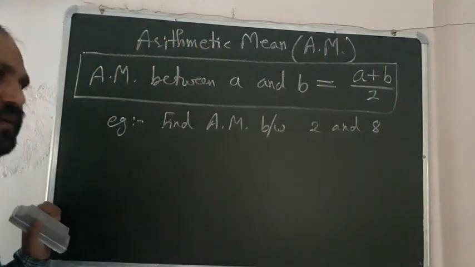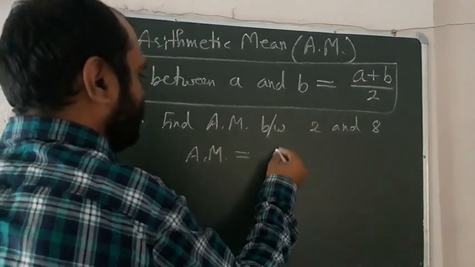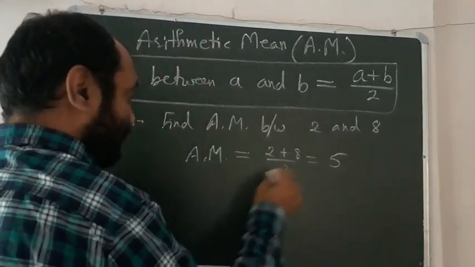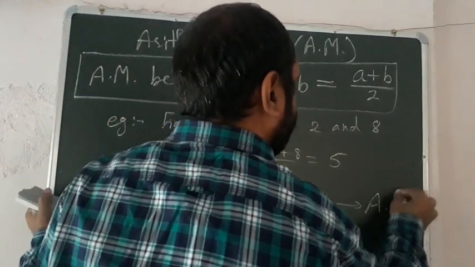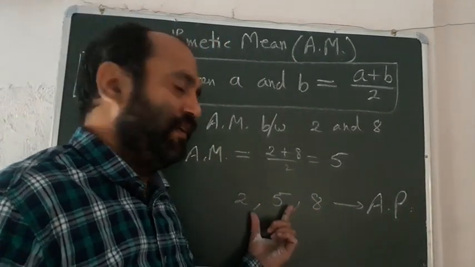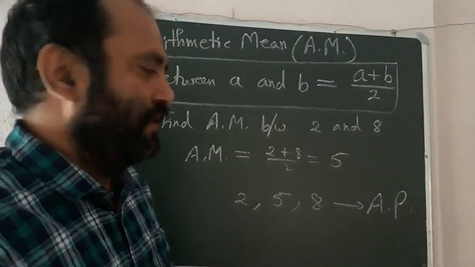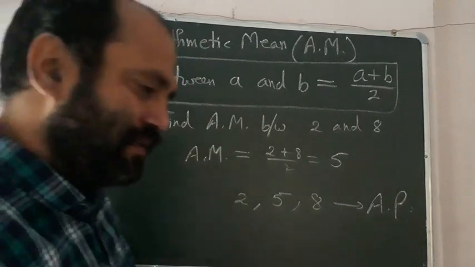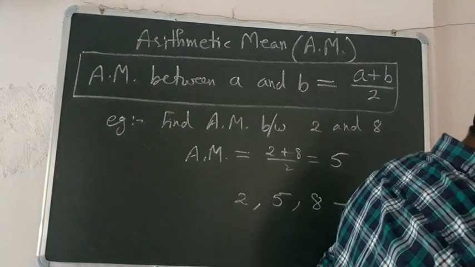Its answer is (2 plus 8) by 2, which is equal to 5. When we insert 5, the resulting sequence is an AP. So such a number inserted between two numbers so that the sequence becomes an AP is called the arithmetic mean.